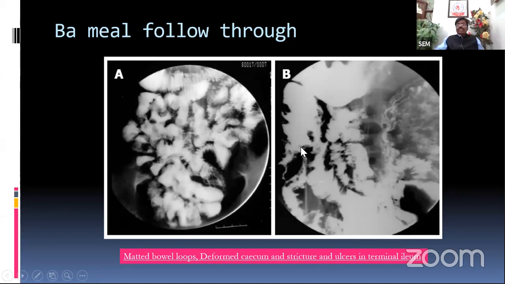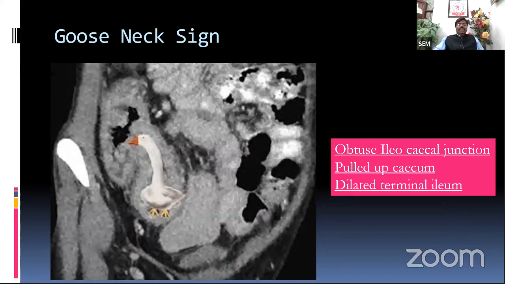It was like this before, now it becomes this, so an obtuse angle. These are all classical features of ileocecal tuberculosis, otherwise called goose neck deformity. That is, you see the thickened cecum, pulled up cecum, and obtuse ileocecal junction.